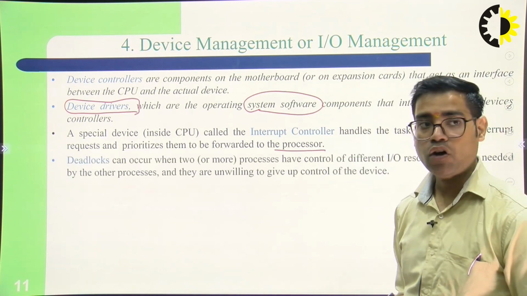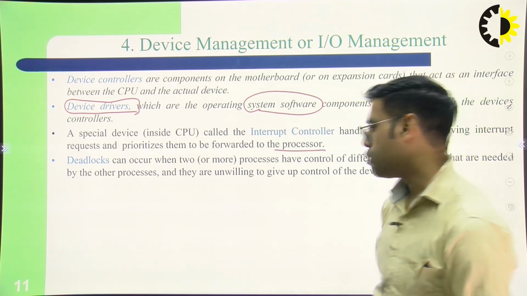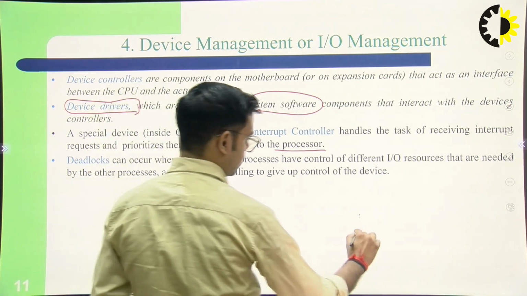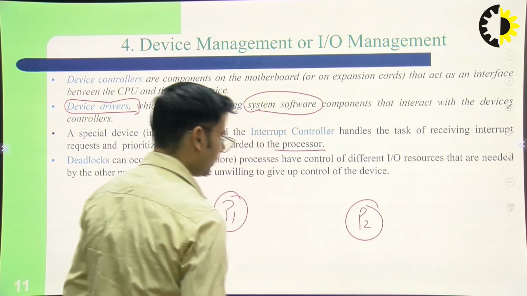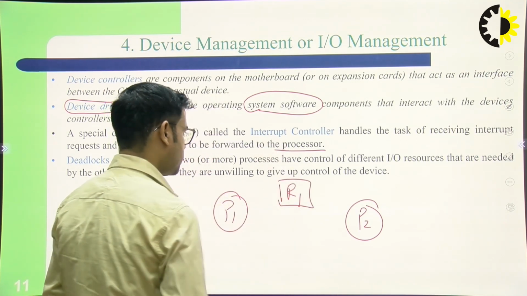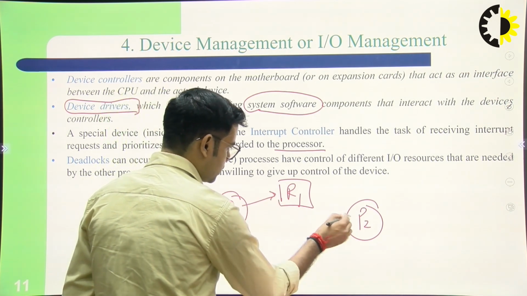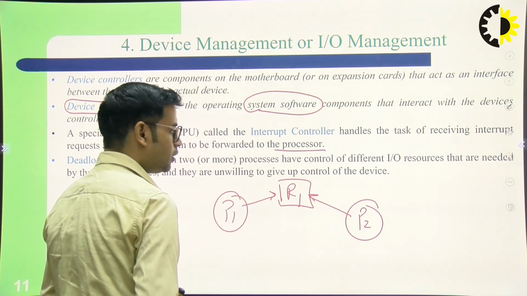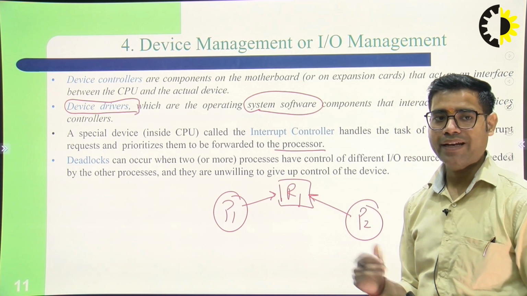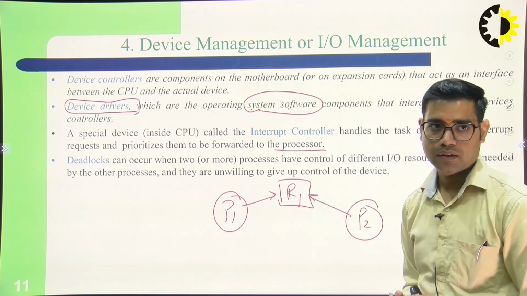Next one is deadlock, which can occur when two or more processes have control of different input. Suppose let us take an example. We have two processes P1 and P2, and we have only one resource, and these processes are requesting this particular resource. How can we provide this resource to which process?